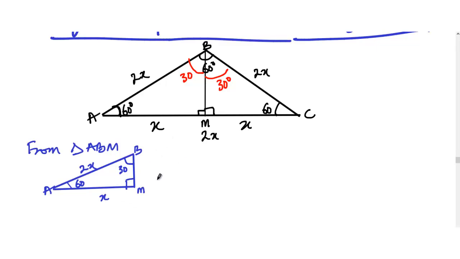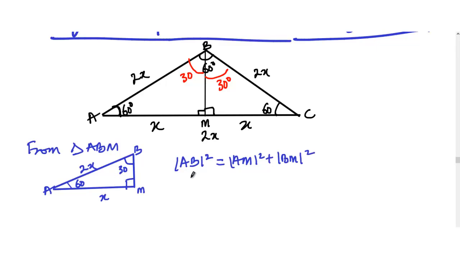So for us to get the length of the side BM, we need the Pythagorean theorem. And Pythagorean theorem states that the square of the hypotenuse, which is AB in this case, because it is the side facing the right angle, is the sum of the squares of the other two sides. What do I mean? We can see that AB square is equal to AM square plus BM square.